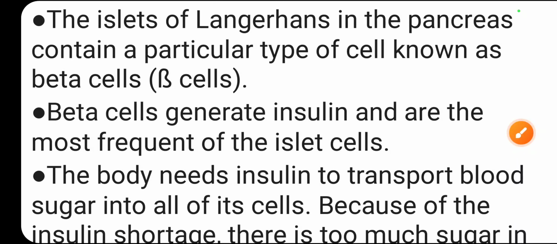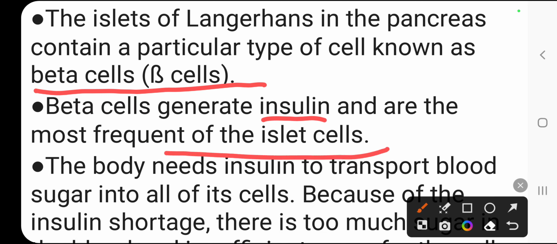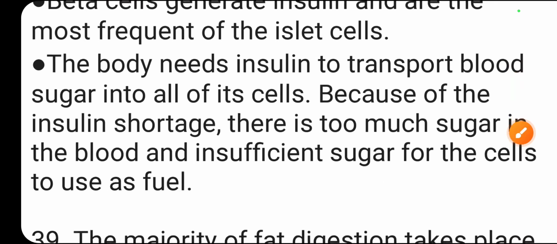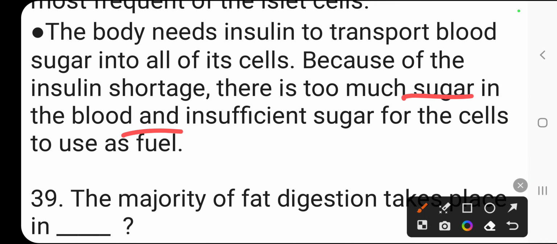The islets of Langerhans in the pancreas contain a particular type of cells known as beta cells, and these generate insulin and are the most frequent of the islet cells. The body needs insulin to transport blood sugar to all of its cells. Because of the insulin shortage, there is too much sugar in the blood and insufficient sugar for the cells to be used as fuel.